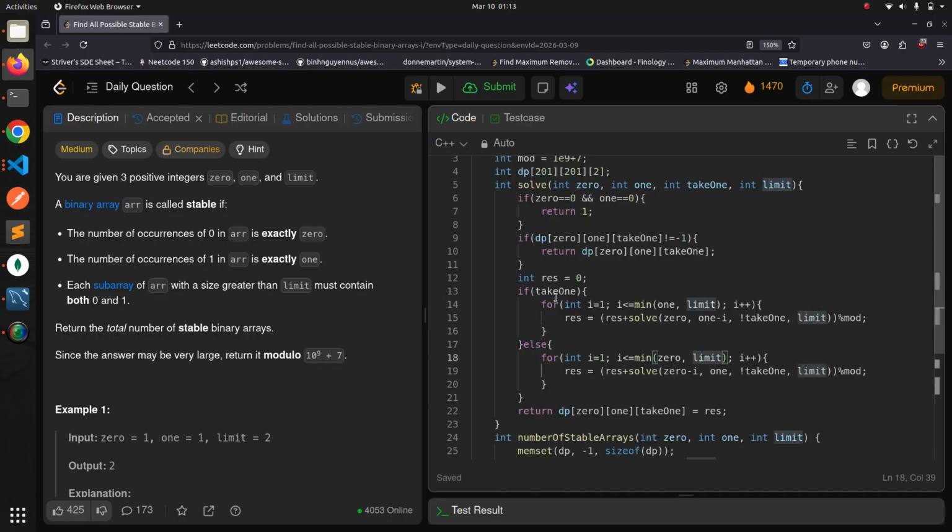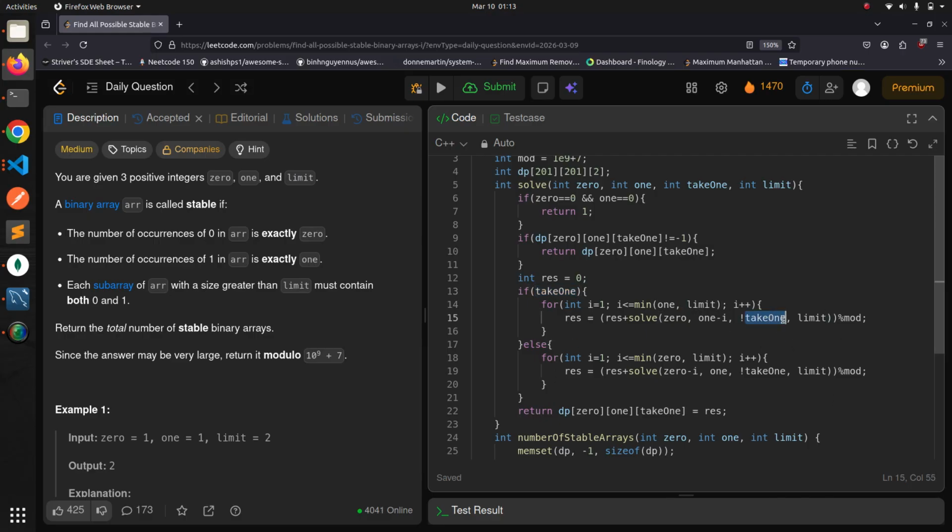Similarly, when take 1 is 0, we will call this function where we decrement the zeros, and for the subsequent calls we will just take the negation of it. This time we will take 1, and the next time we will take 0.